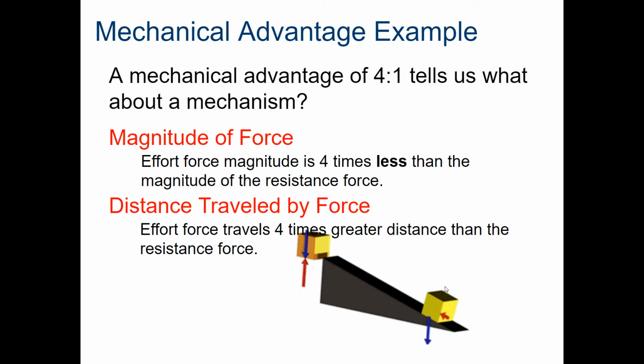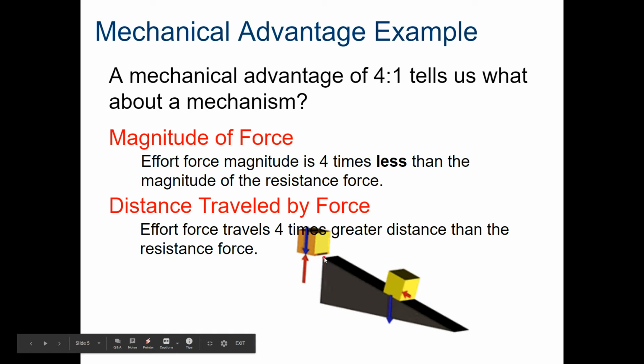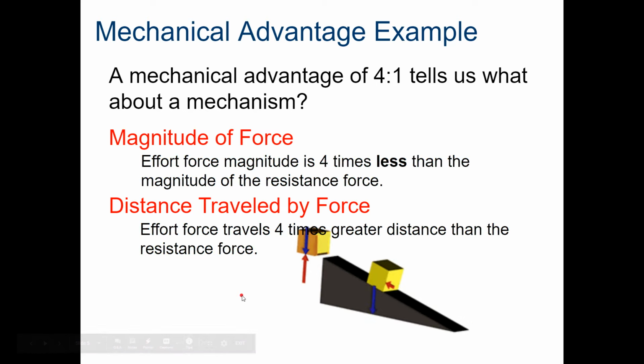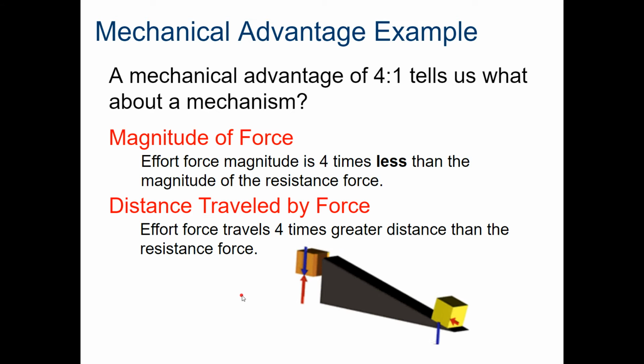So that ramp makes our effort 4 times less than if we were to just lift it vertically up. Now, the distance traveled by the force: the effort force travels 4 times greater distance than the resistance force.